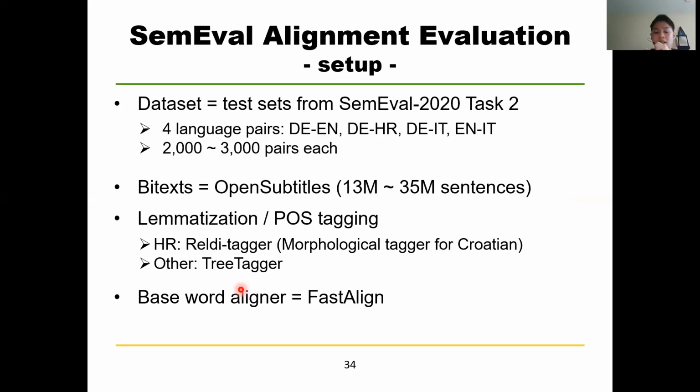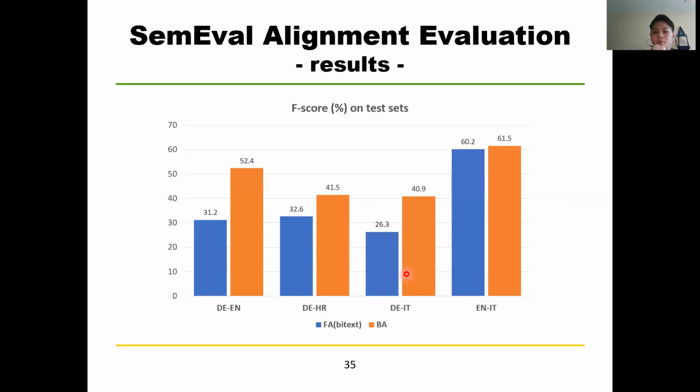And as the base word aligner, we again employ FastAlign. As shown in the results here, BabAlign outperforms FastAlign in all languages, and especially shows huge gains for 3 language pairs, which shows the advantage of BabAlign in downstream tasks.